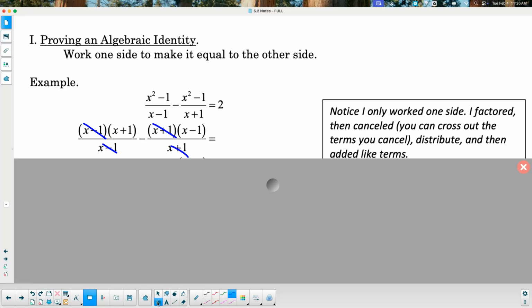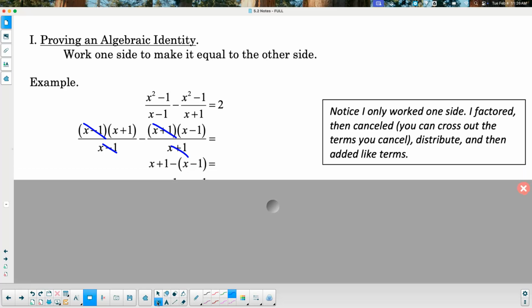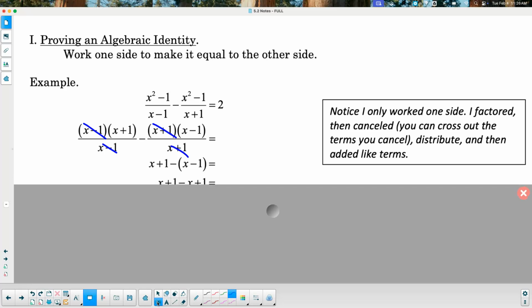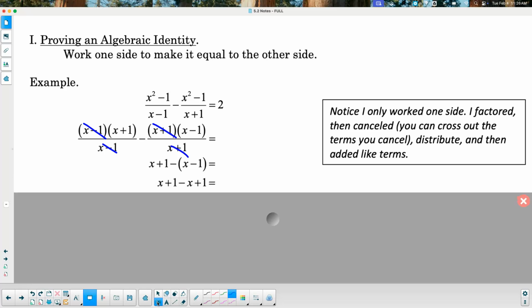Okay, all right, so then that just leaves me with x plus 1 minus x minus 1. Right? Okay. Now what can we do? Distribute that negative sign. And then combine like terms, right?